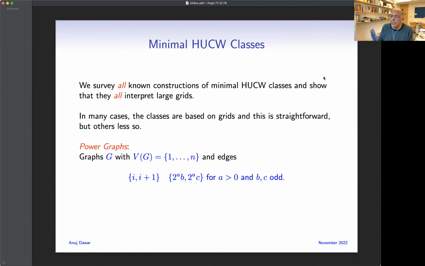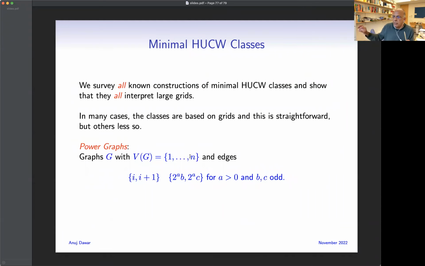And this is Lawson's original example of a class of graphs of unbounded clique width which is minimal. And this is the way it's defined, right? It's a class of graphs whose vertex set, let's say, is 1 through n, an initial segment of the natural numbers. And you have edges between i and i plus 1 for each i from 1 to n minus 1, right?